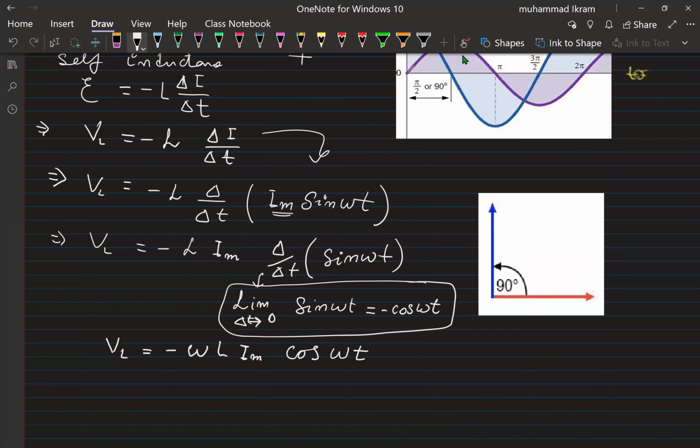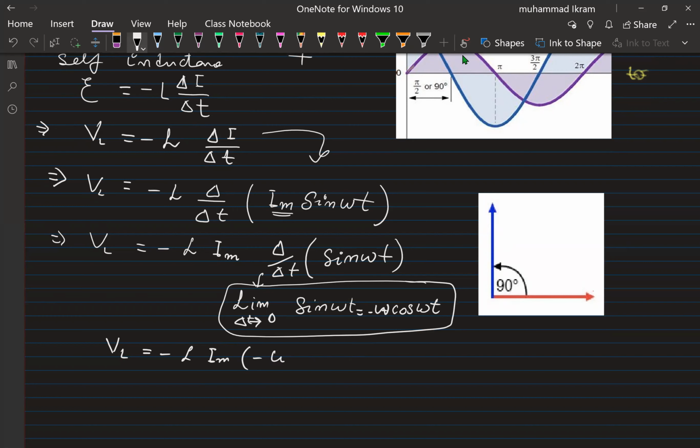Omega is taken out from the sine as a coefficient, and it is replaced by cos omega t.